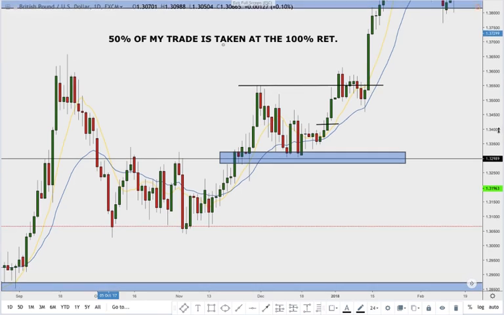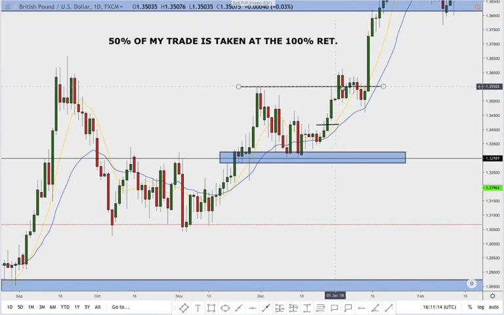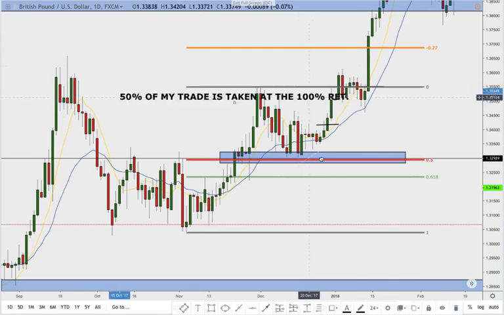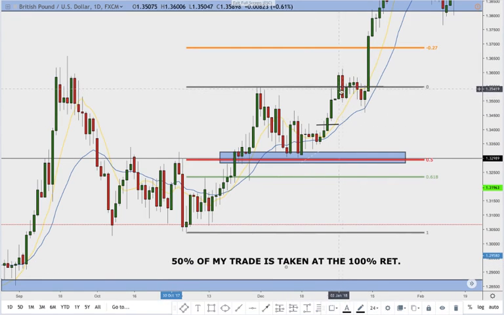Now the remaining 50%, in the event that we do break here, the next part of my trade is going to be taken out. This is where I'm going to use my Fibonacci. Once I've broken here, the next target for me to take my trade out is at the minus 0.27 extension.